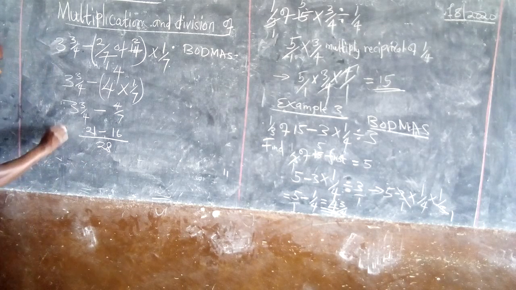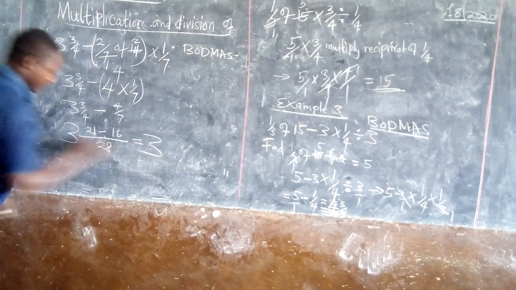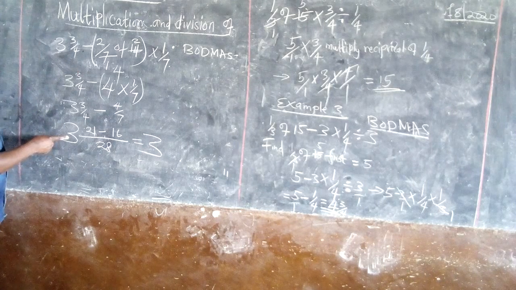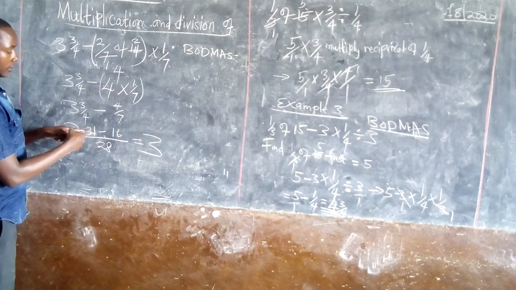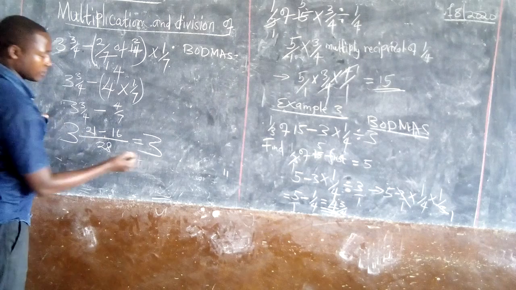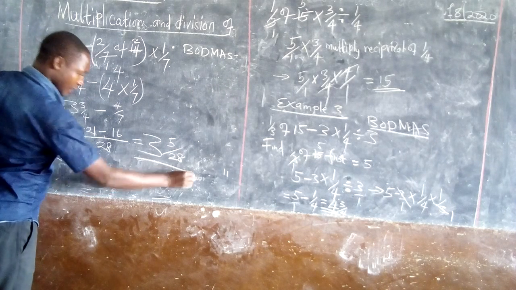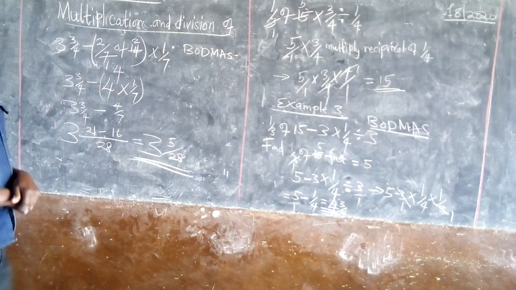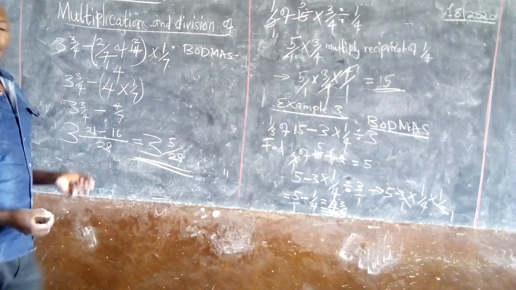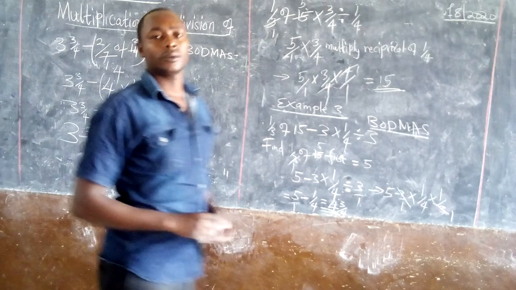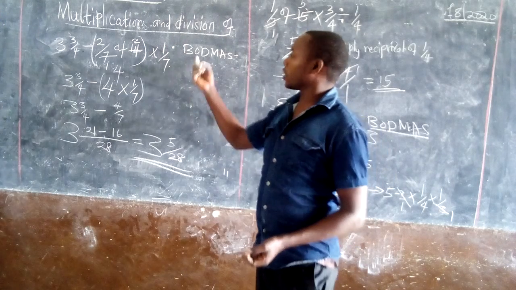Then we have the whole 3 here. Then 21 minus 16 will give us 5/28 as our answer.